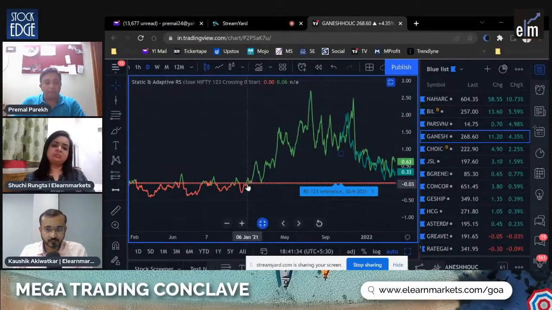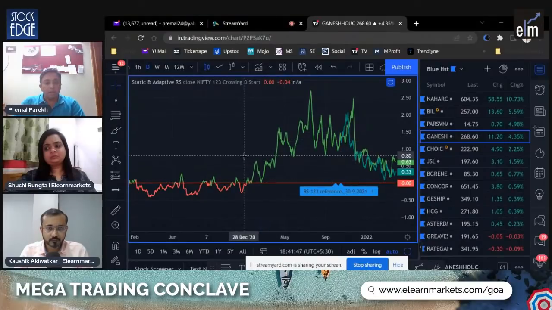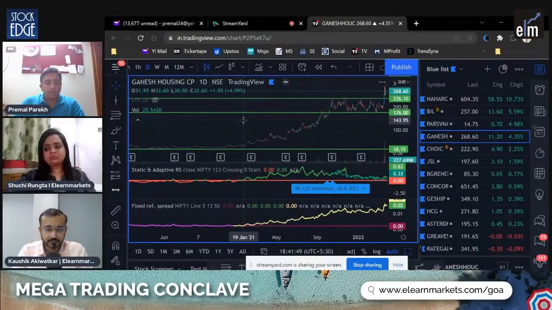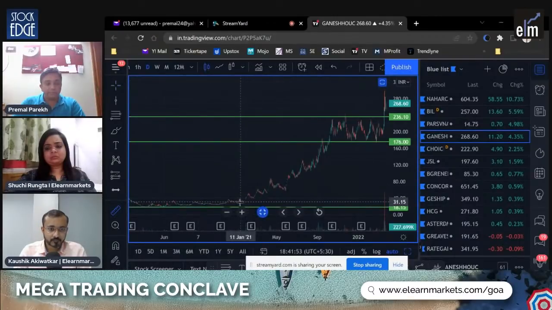See here, I can expand and show you. 5th or 6th January approximately, the stock has turned RS positive, and since then, for the entire duration, in the last 13 months, it has not gone RS negative. If you want to find the returns, let's go over here and take the 6th Jan date.